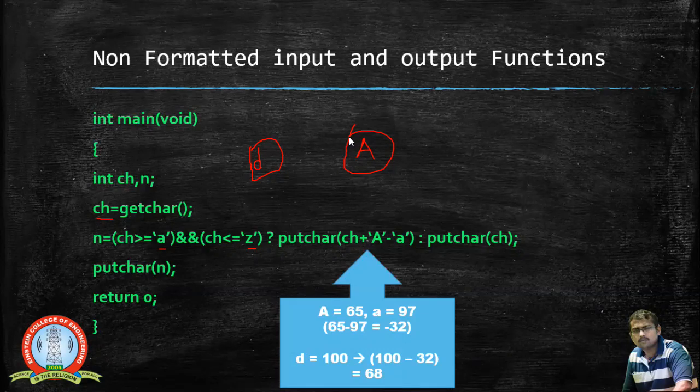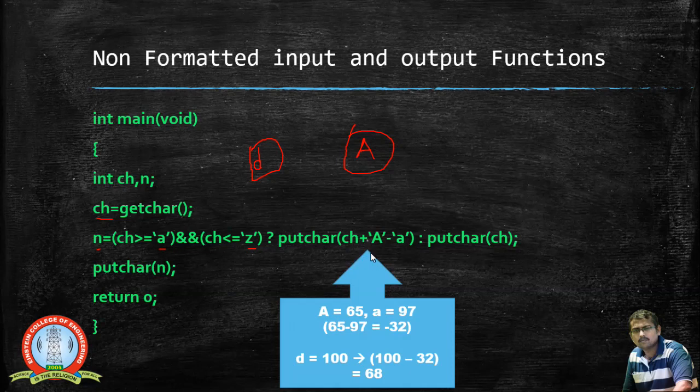But suppose I am entering a lowercase character. This lowercase character falls in between these two, so the condition is true, and this part will be executed. So a character value will be returned and stored in this n. What is it going to return?